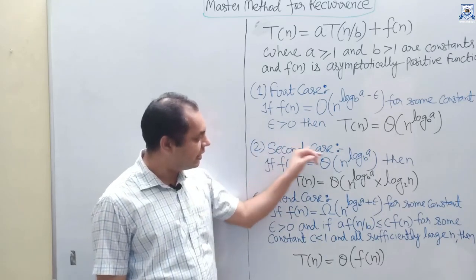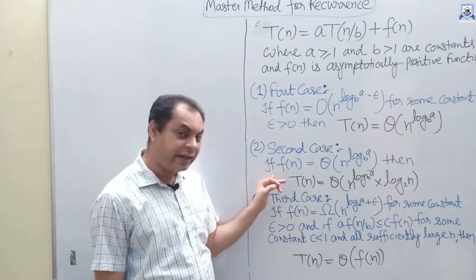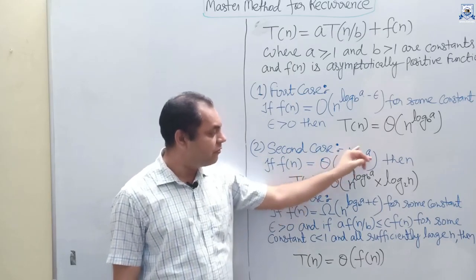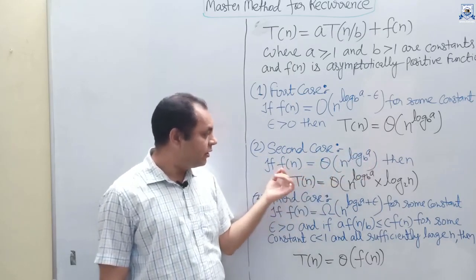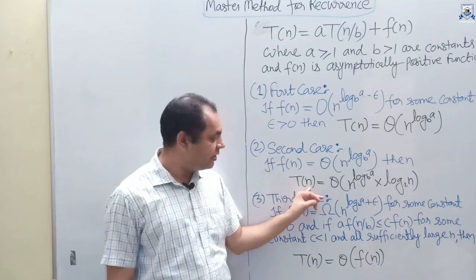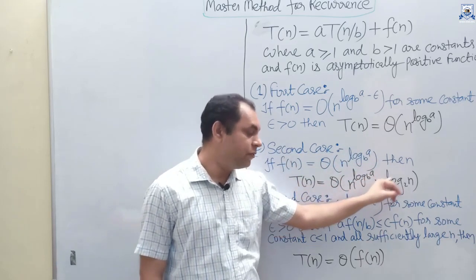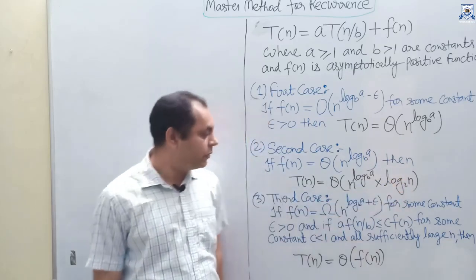Now come to the second case. As per the second case, if f(n) is theta of n to the power log a at base b, then the solution would be T(n) is equal to theta of n to the power log a at base b into log n at base 2.